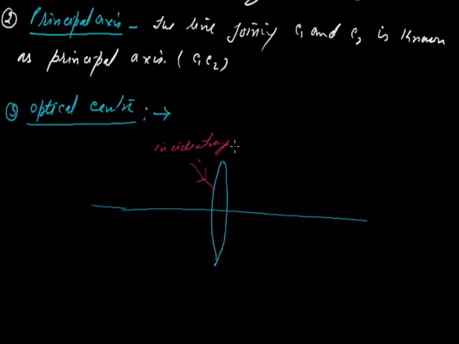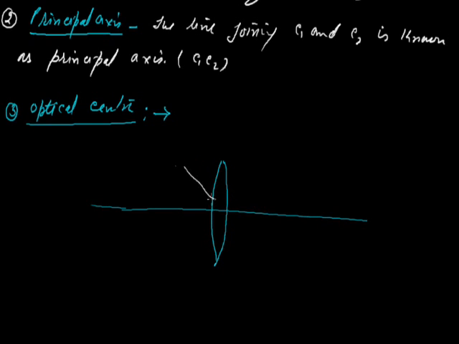This ray is moving from rarer medium to denser medium. This will be the center of curvature, C1. It will bend towards the normal.